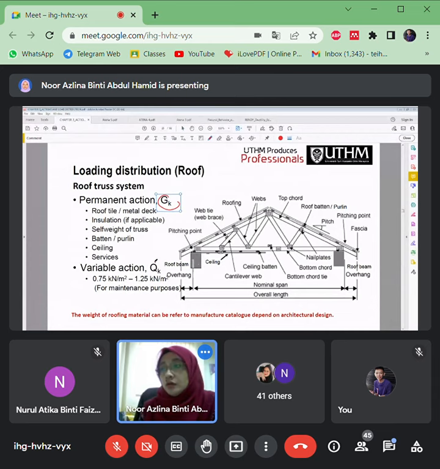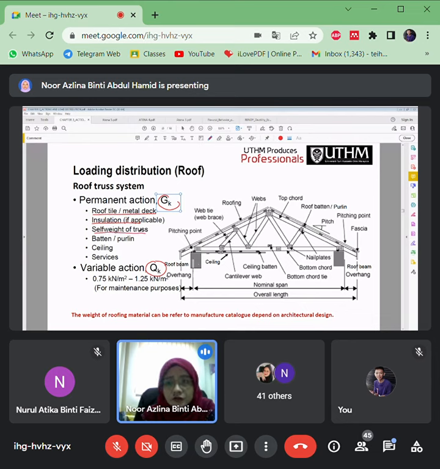But where do the loads come from? Gk, or permanent actions or permanent loads, come from roof tile or metal decks, insulations, piping system, air conditioning.